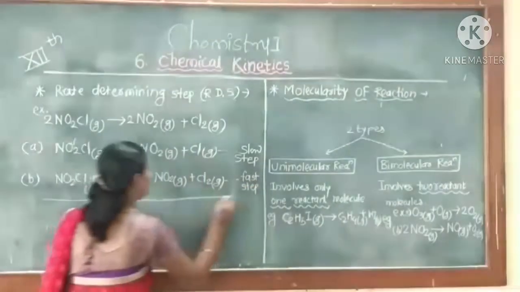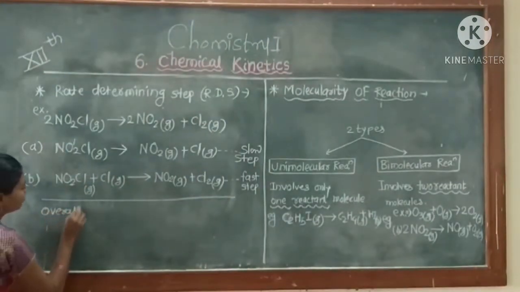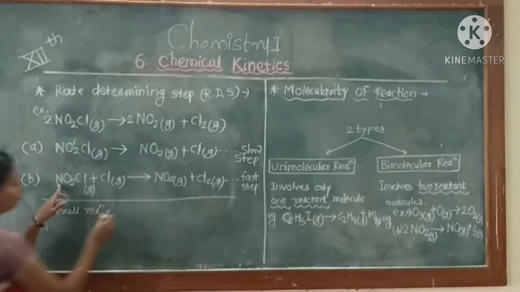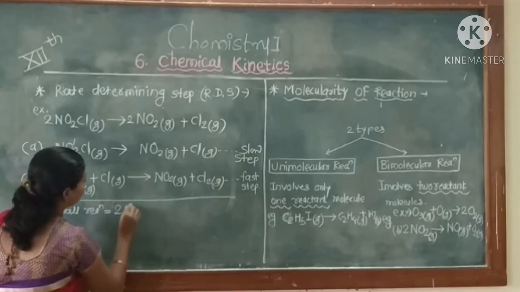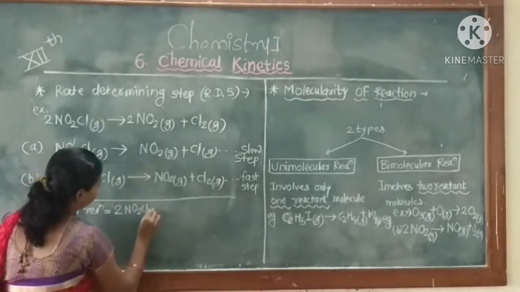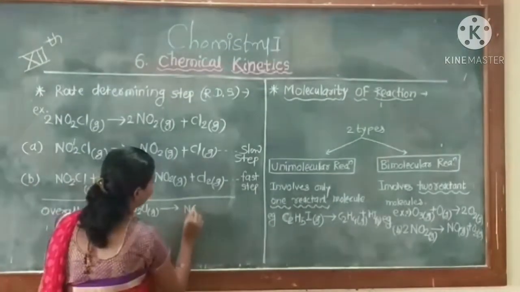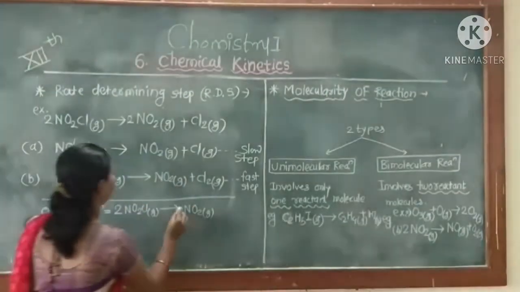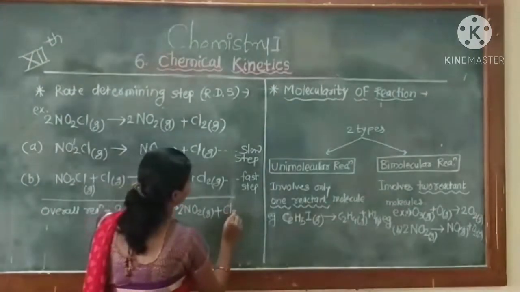Therefore, the overall reaction is: two molecules of NO2Cl gas give nitrogen dioxide gas, 2 moles, plus Cl2 chlorine gas.